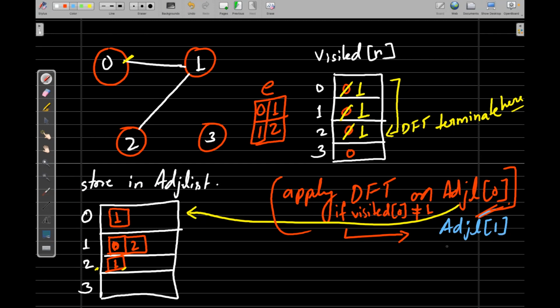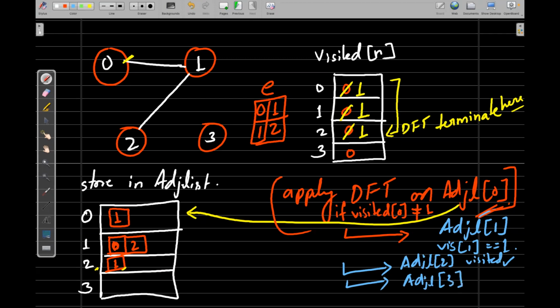What is visited of 1 here? Visited of 1 equals 1, so it will move on to ADJL of 2, and then to ADJL of 3. What will happen? Visited equals 0, so then again DFT, sorry, it's a DFT.